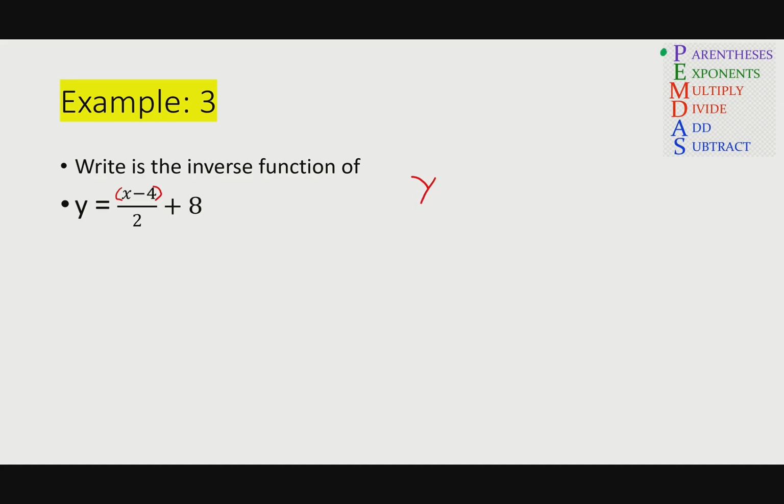Okay, so if we want to write what our function is doing, once again I'm going to use a line here. The first thing our function is doing is taking whatever value we have for x and subtracting 4. Secondly, whatever x minus 4 is, that is being divided by 2.